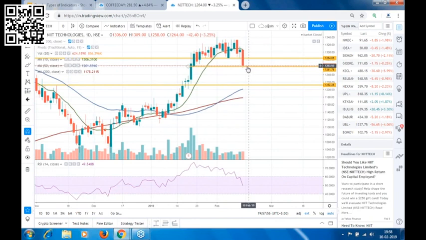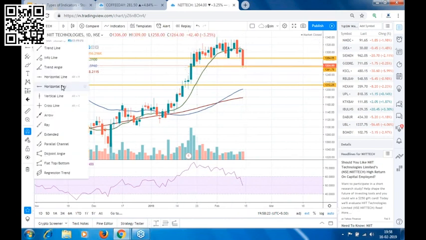Once it breaks this level, looking at the bearish candle, and that it is taking resistance from the 10 period moving average, which is now developing a slope to move in the downward direction, if the market on Monday is bearish, then I'm expecting it to go down further. That means it will break this consolidation.